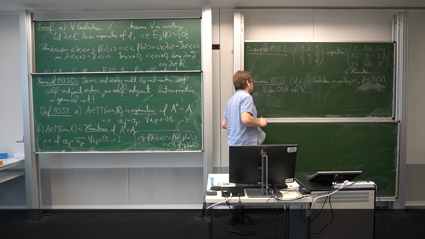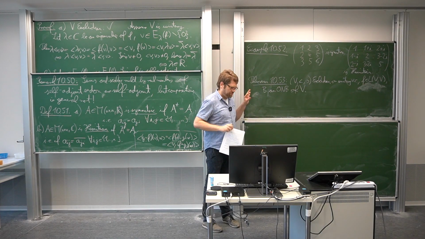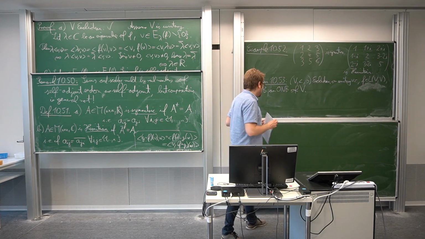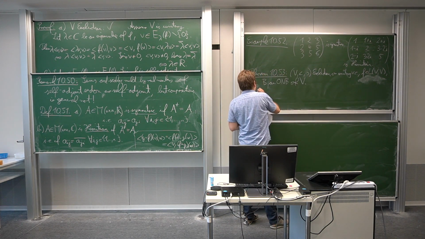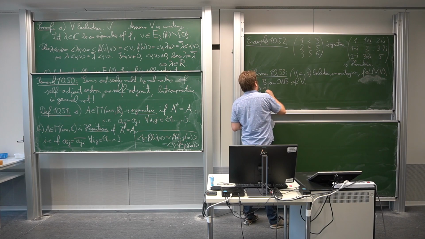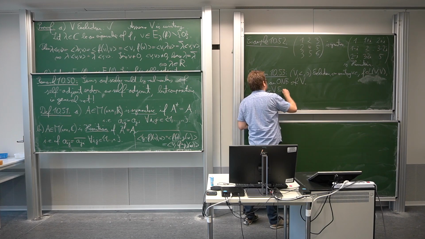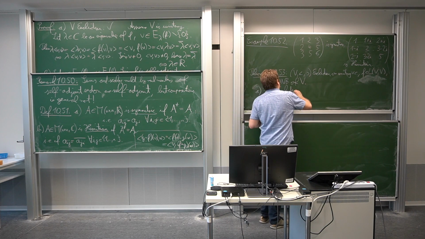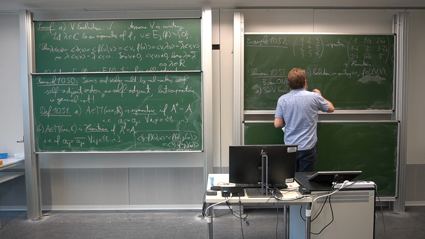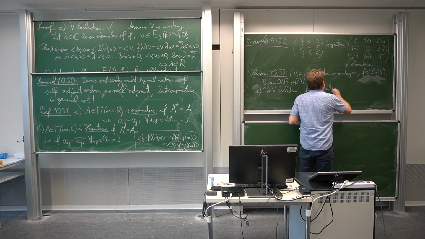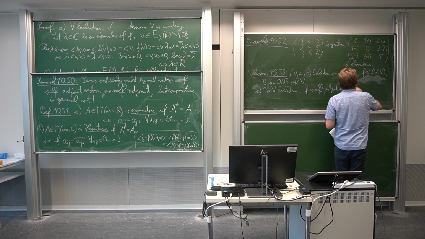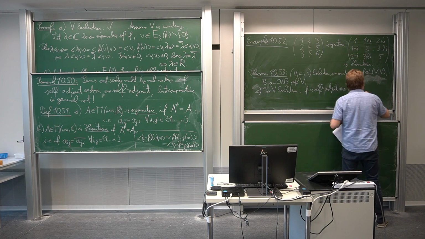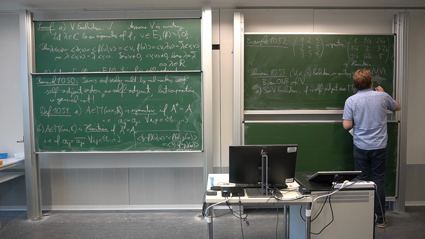Similar as before, we can only say something about the matrix representation with respect to an orthonormal basis. Now the following statements hold. In the Euclidean case, so if we have a real vector space with inner product, it holds that f is self-adjoint if and only if its matrix representation with respect to this orthonormal basis is symmetric.